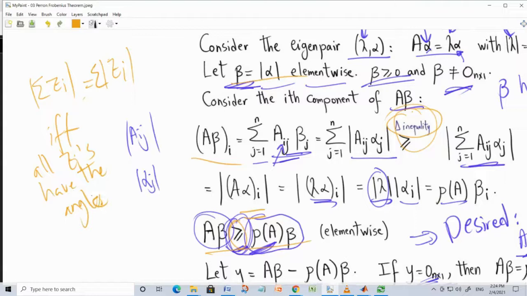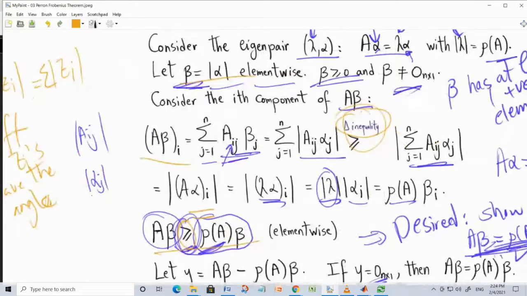So for example, if all the numbers are positive, you get equality in the triangle inequality. If all the numbers are negative, you get the triangle inequality satisfied with equality. If all the complex numbers have e to the i pi over 3, then the triangle inequality will be satisfied with equality.